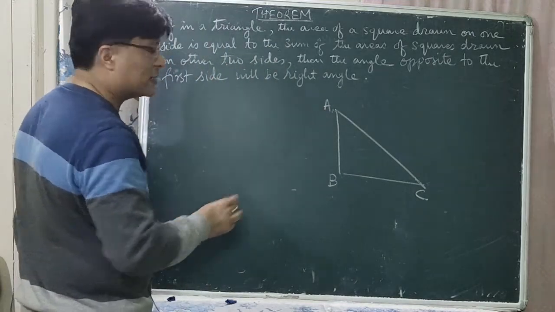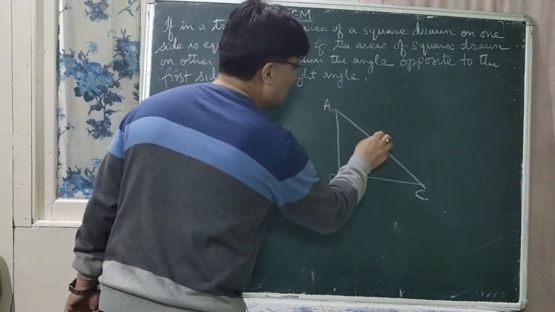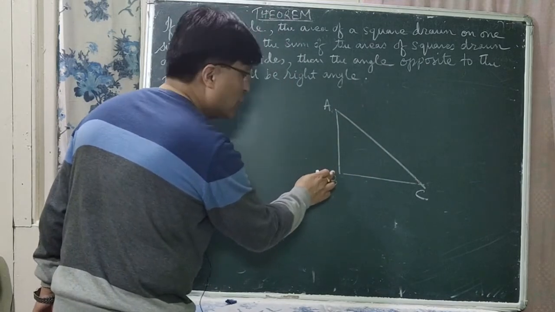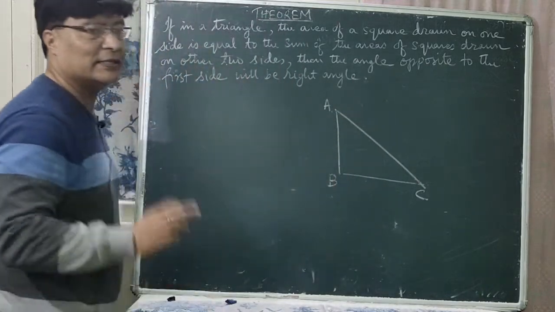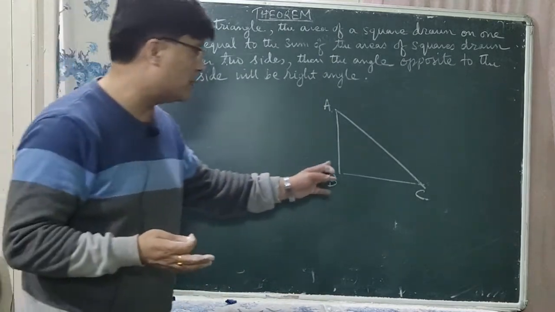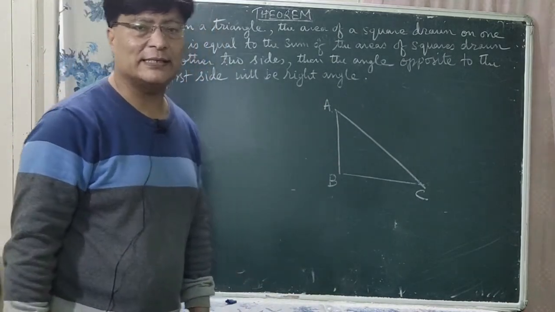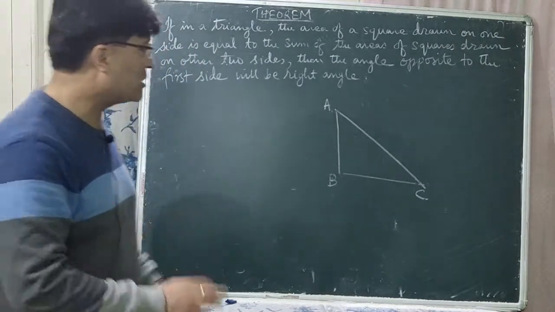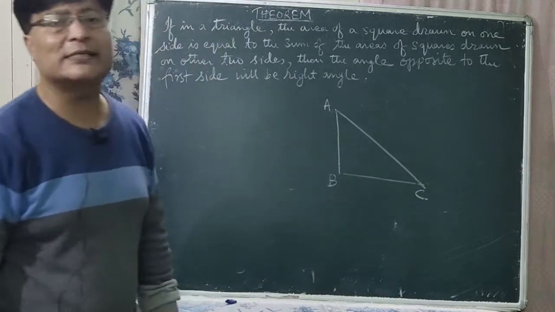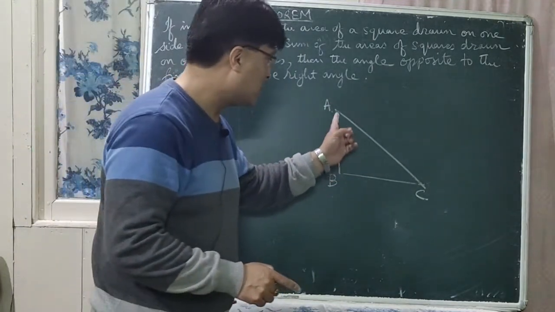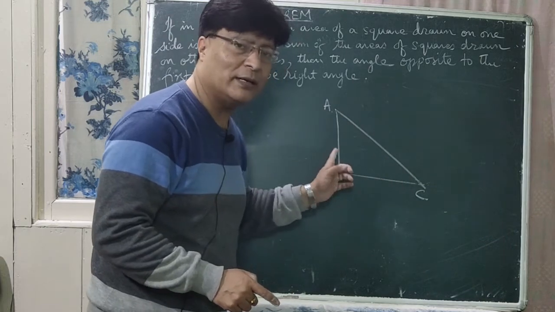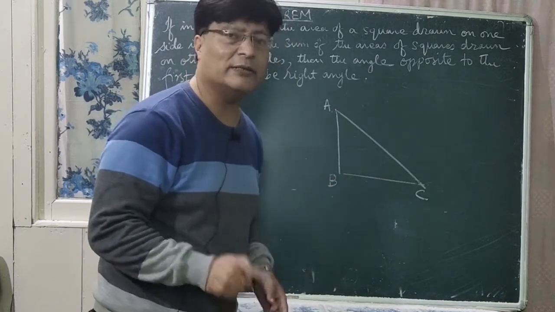Then you have to prove that the angle opposite to the first side, this angle B, is a right angle. That means angle B is equal to 90 degrees. So what is given here? AC square is equal to AB square plus BC square. You have to prove that angle B is equal to 90 degrees.